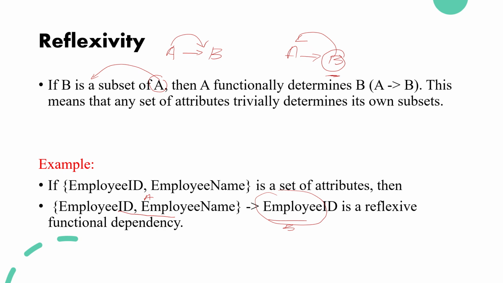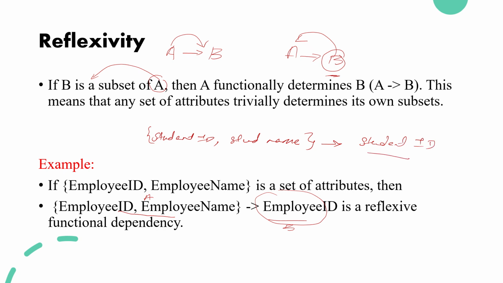We can see one more example for this. For example, if you have student ID comma student name, this determines student ID. So what is the meaning of this?